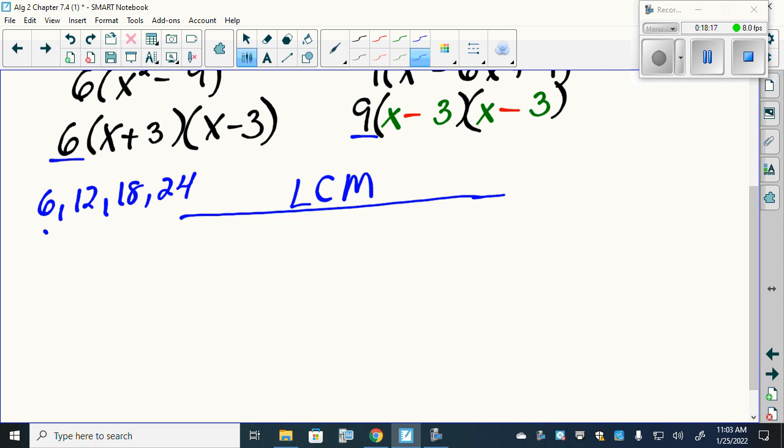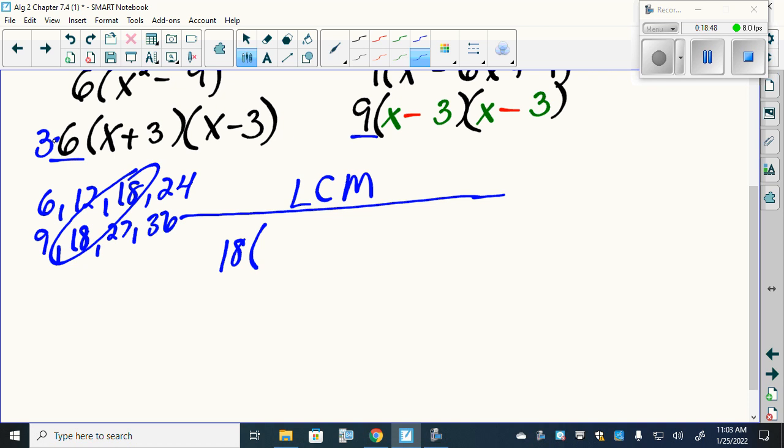The multiples of 9 are 9, 18, 27, 36. Well, 18 is the smallest number for both 9 and 6 that they would be the same. So for 9 and 6 to get them to be the same, I would need it to be 18. Because if I'm making these both be the same, what would I need to multiply the 6 by?